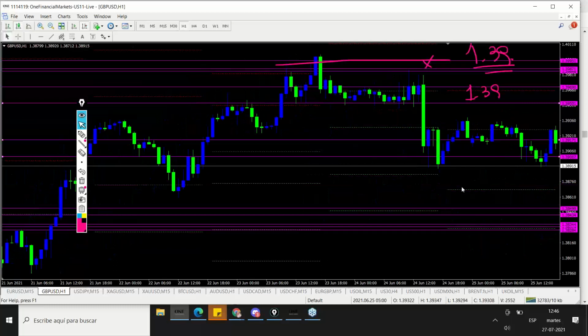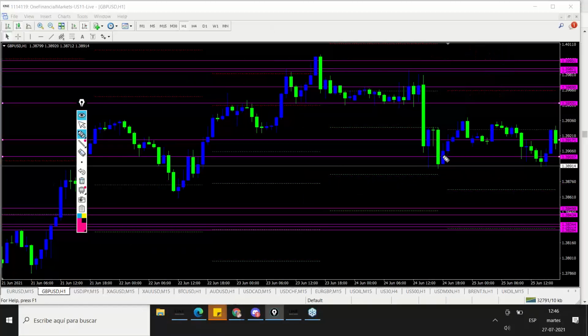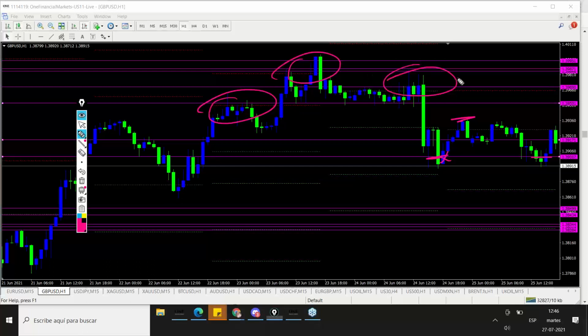So yeah, 139, and I have here in June the levels where the market was actually buying. In June, the market was buying on the pound dollar above 139, towards 139.30 and 139.50. And then June 22nd, 23rd, 24th, we got the pound almost at the 140 level.